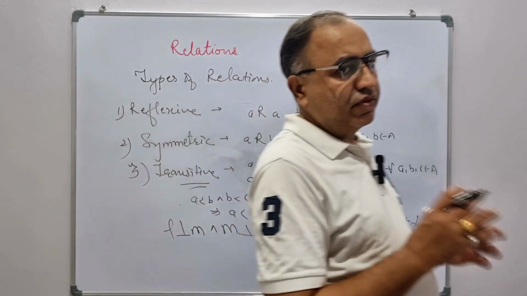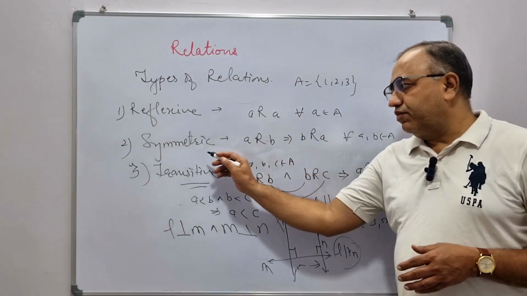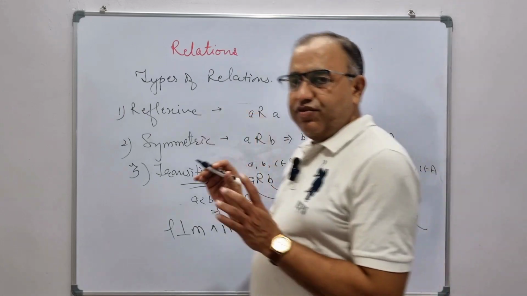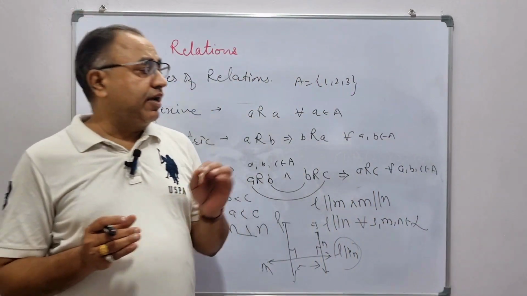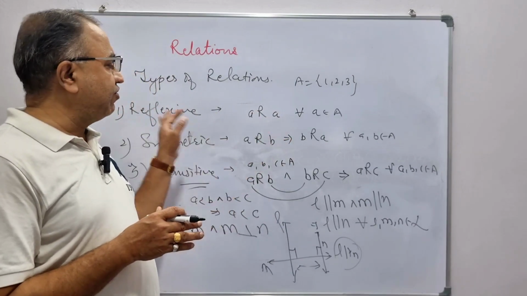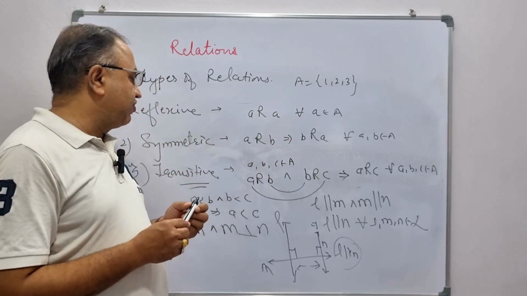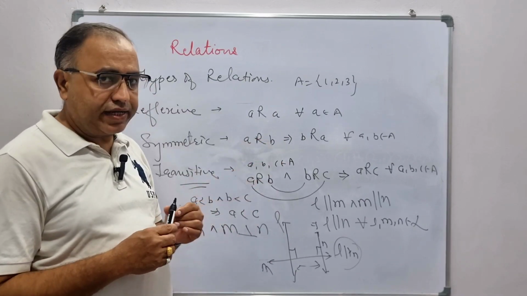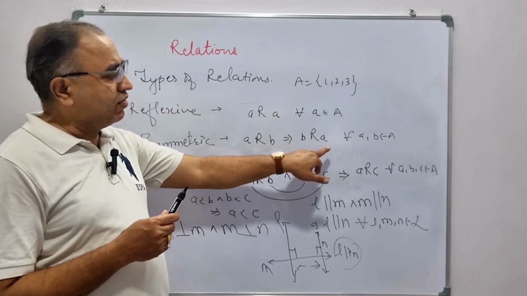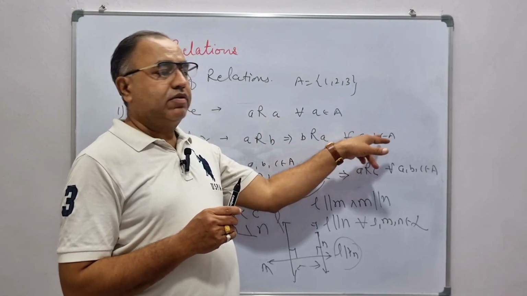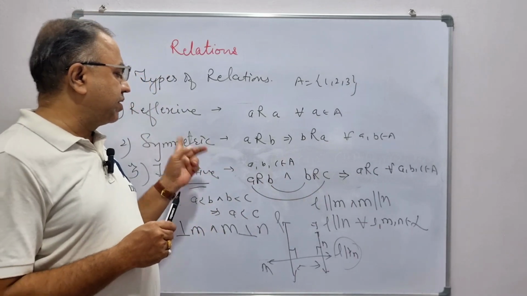So I hope the concept of reflexive, symmetric and transitive relation is clear. What is the reflexive relation? If every entry of a family is related to itself, then we say relation is reflexive. For a relation to check symmetric, there should be two entries that first is related to second. If it implies that second is also related to first, and if it's true for all such ordered pairs, then the relation is symmetric.